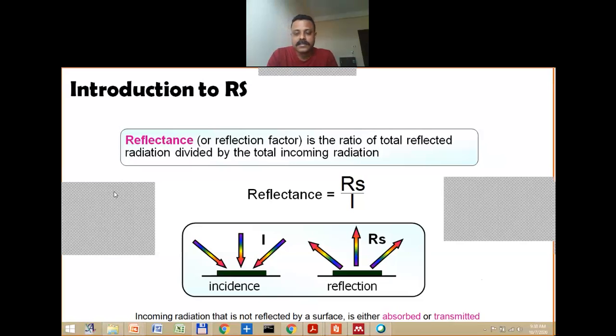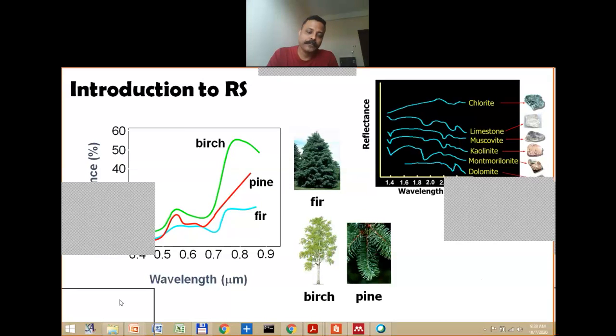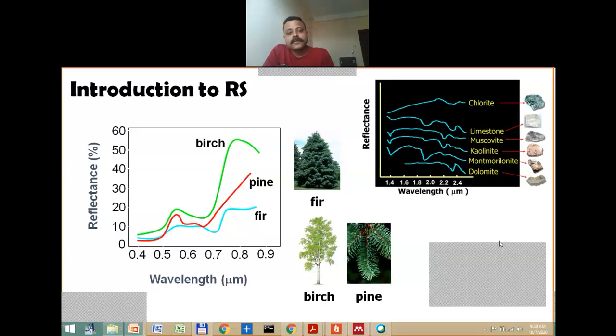Later on you will see in the slide. Yes, look at this. Here you see a graph on the left side of the screen. On the y-axis, the reflectance is plotted.